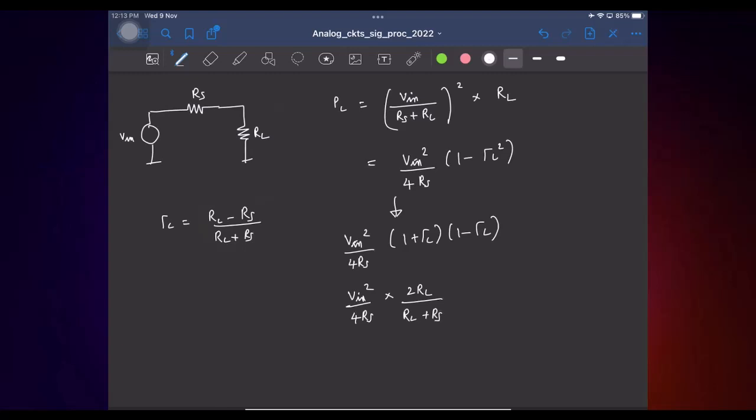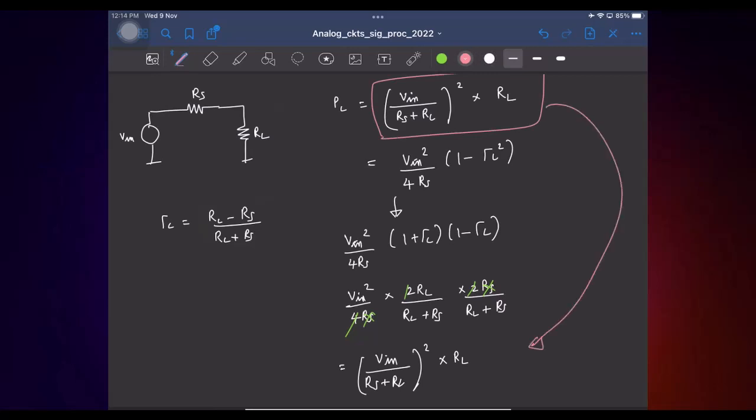And what is 1 minus gamma L? 2 RS by RL plus RS. So you take this 4 out, and RS goes off. So we end up with Vin by RS plus RL the whole square times RL. And that's basically the power we have, right?